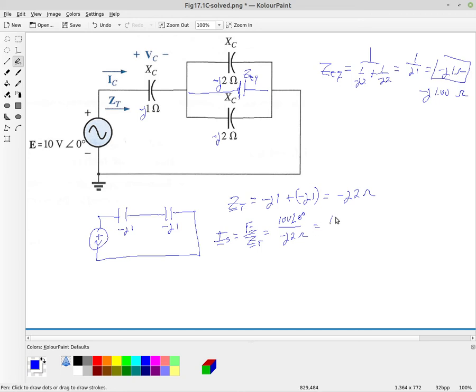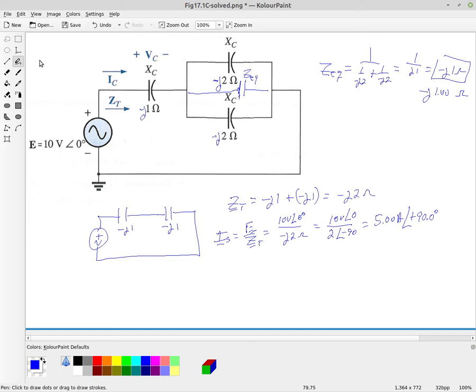So we have 10 volts angle 0 divided by 2 at an angle of minus 90. And so now this is going to give us a 5 ampere current with an angle of plus 90. So I'm putting the 3 significant digits for Blackboard there.